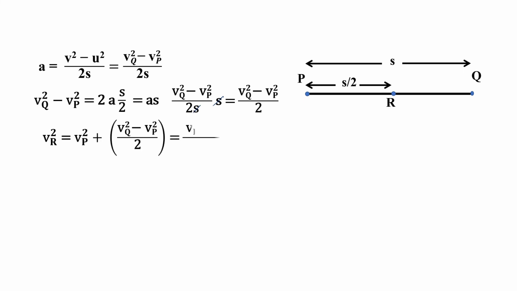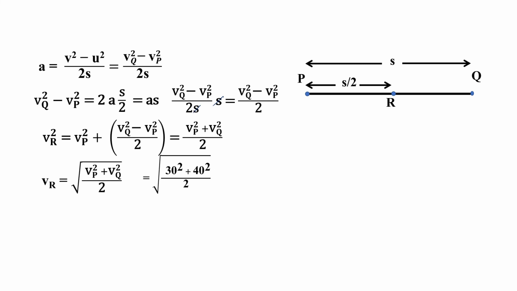So VR squared is equal to VP squared plus VQ squared minus VP squared by 2. Taking LCM, 2VP squared minus VP squared plus VQ squared by 2. So VR is equal to the square root of VP squared plus VQ squared by 2.